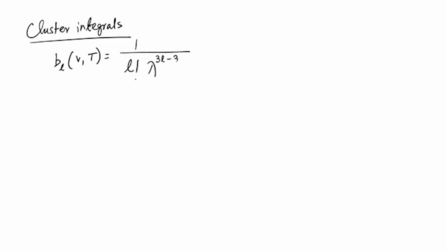So, how do we write the cluster integrals? We can write the cluster integrals including all these clusters as b_L(V,T), which is equal to 1 by L factorial, lambda to the power 3L minus 3, into V, into the sum of all possible L clusters.